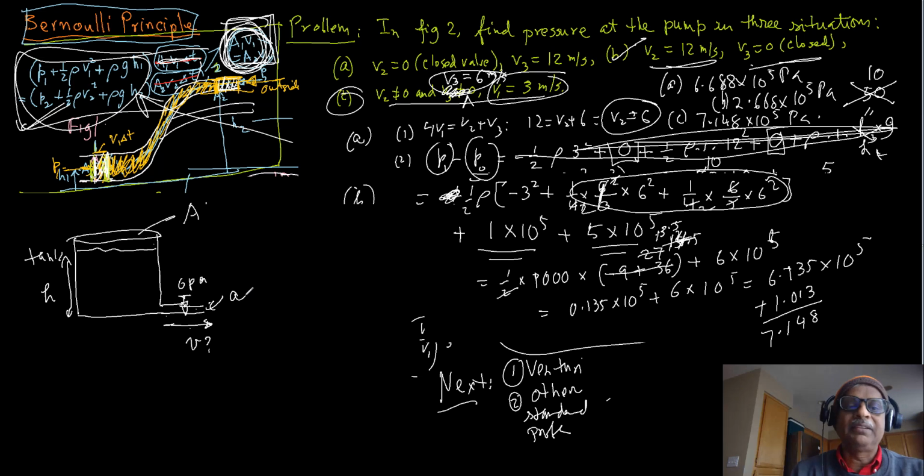This is called draining the tank. And we'll do this problem. There's some subtlety to this problem. It shows up a lot in many tests. Venturi tube is another one that variations of show up in tests. So we are going to do that in another video.